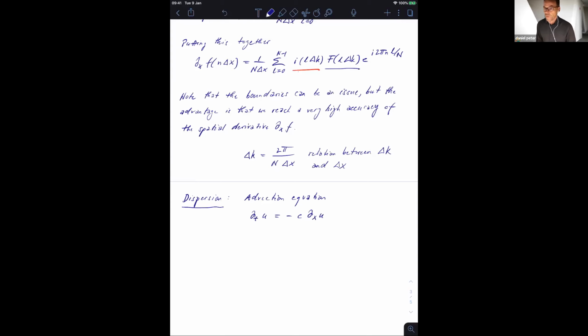That would be an equation which describes the advection. And this equation is used for the dispersion analysis in the notes that you have.